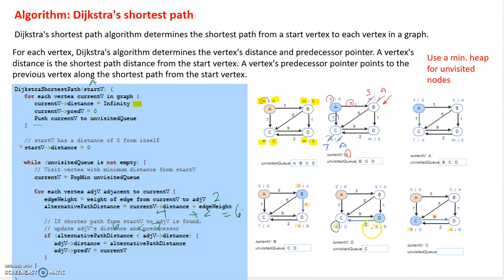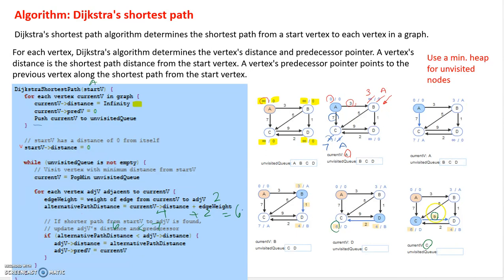We pop C from the queue. So current vertex will be C. The only adjacent node to C is D. You can see the arrow there. Can we update the value of D? Well, let's see. The edge weight is 9.